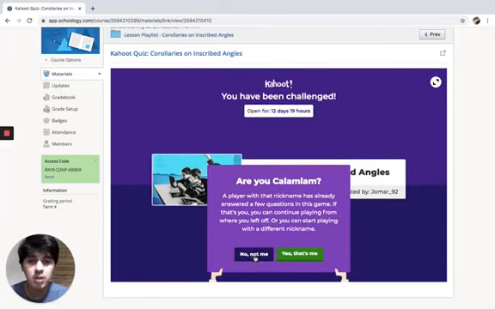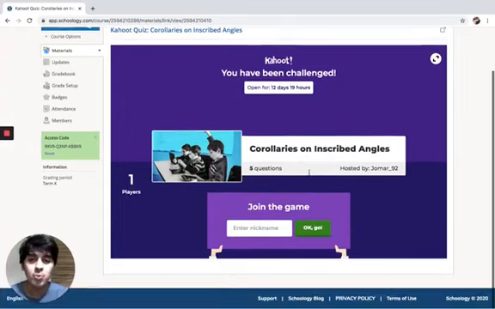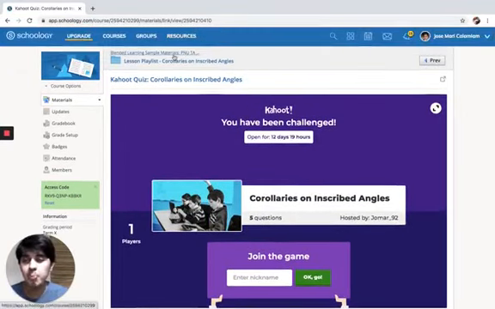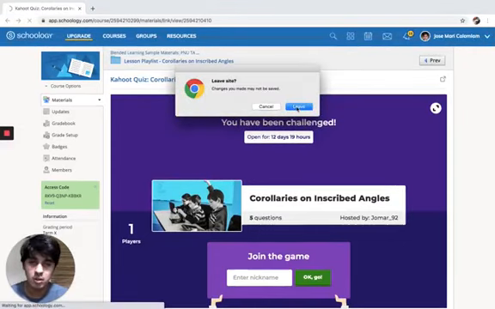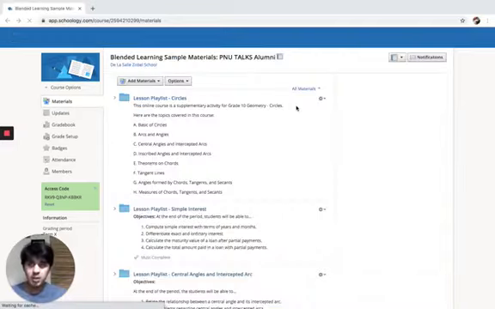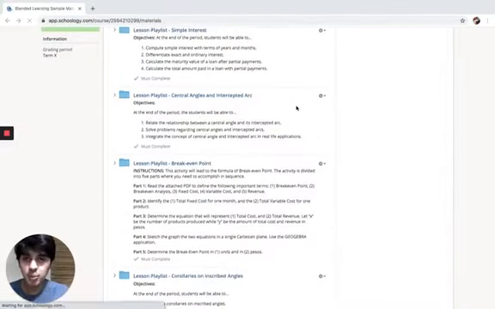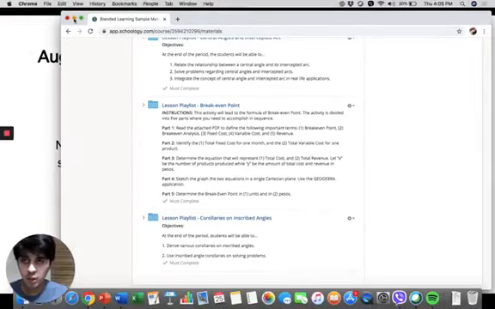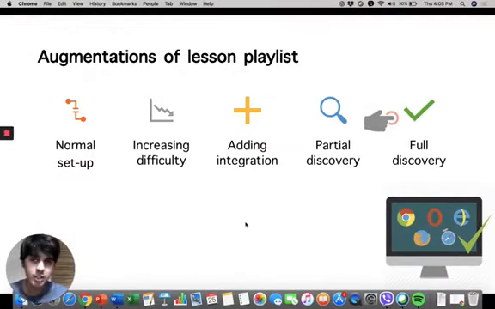Okay, so this time we're going to end the examples for the lesson playlist. Those are all the lesson playlists, and since we're already done with all of them, we're already done with all of the augmentations of the lesson playlist.